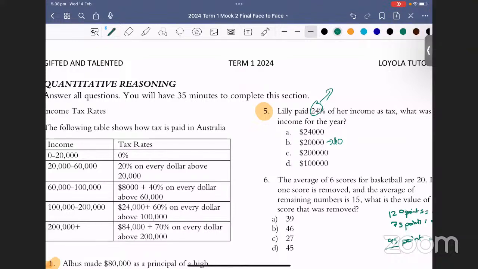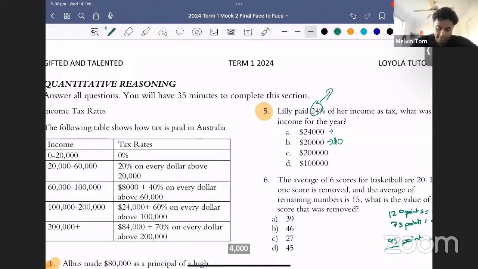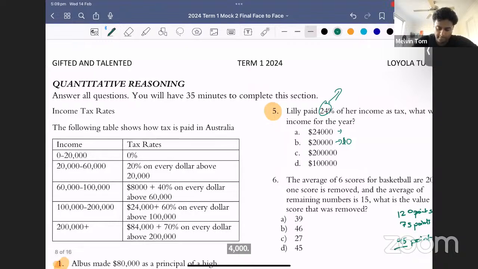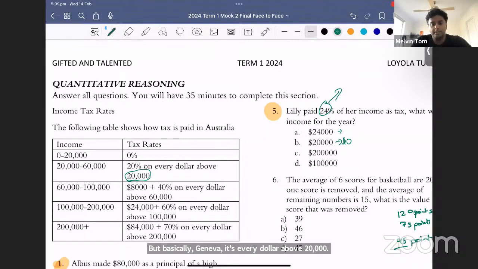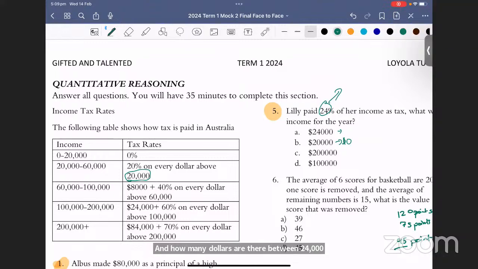If you make $24,000, how much tax do you pay, Chanupa? Well, basically, it's 20% on every dollar above 20,000. And how many dollars are there between 24,000 and 20,000? 4,000.